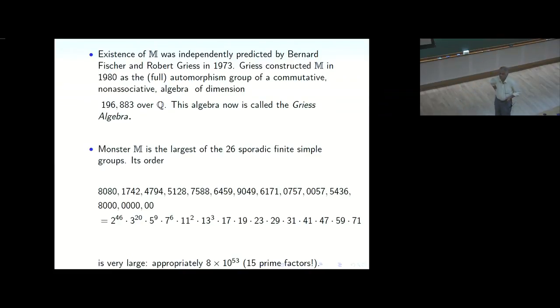Number 1 is that there is something called monstrous moonshine, connecting the monster group with modular forms. These are the conjectures by Conway and Norton, which were proved by Borcherds, for which he got his Fields Medal in 1998 or so. That is one aspect, which leads to the theory of Virasoro algebras and string theory.